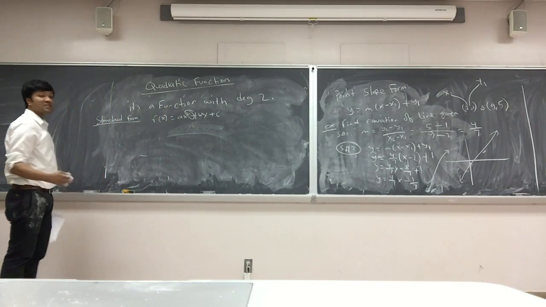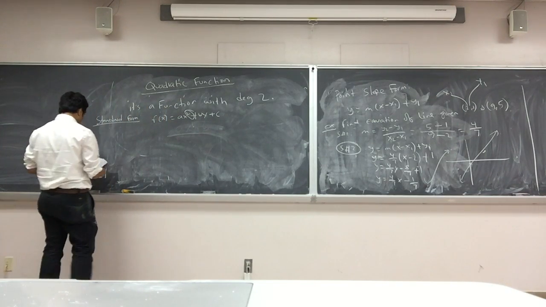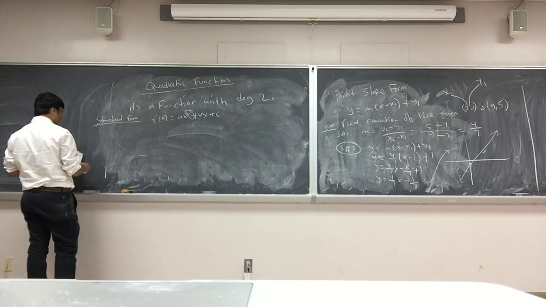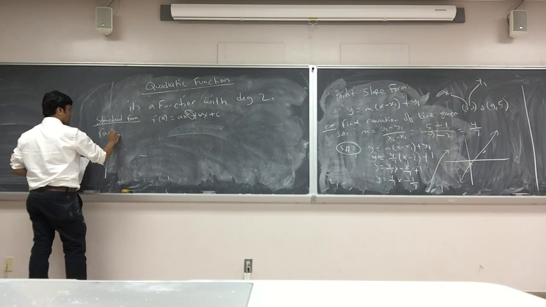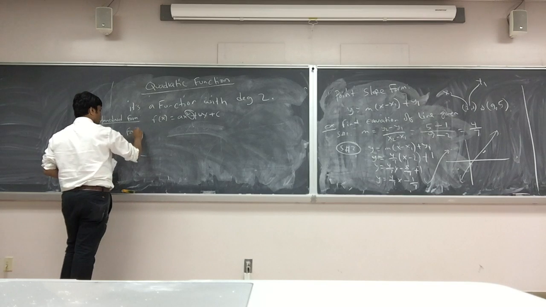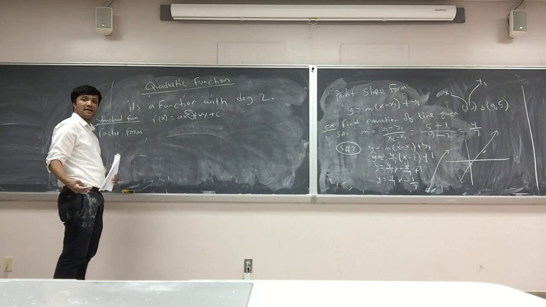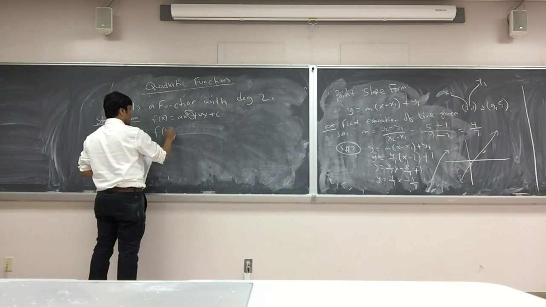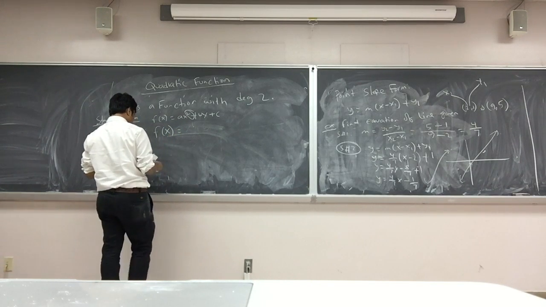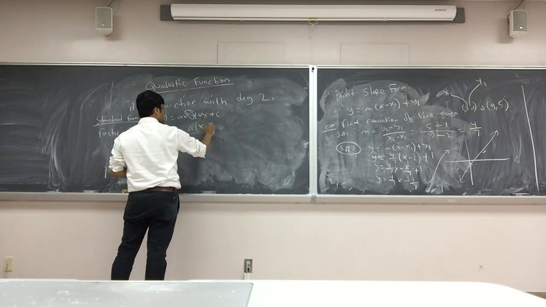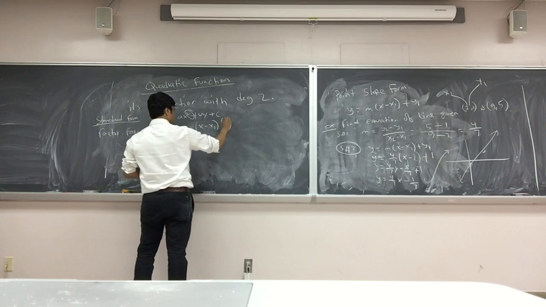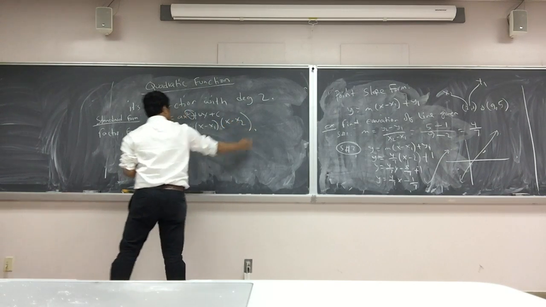This is just the standard form. What about the factor form? You're going to use factor form many times today. f of x is equal to a times (x minus x1) times (x minus x2).